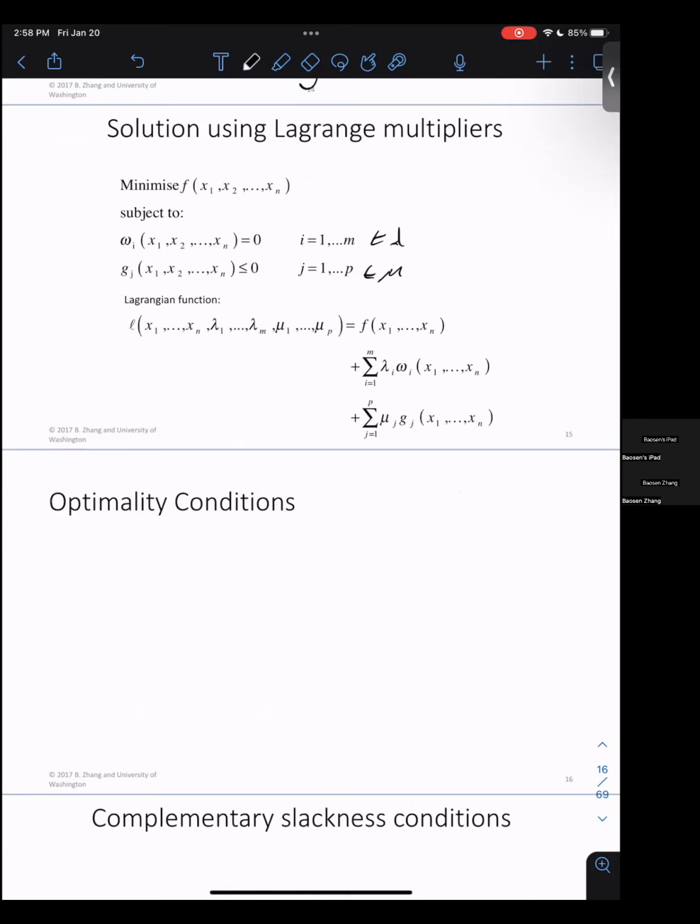Our Lagrangian is this function above. Let's take a derivative of this L with respect to x, x1 or xi.